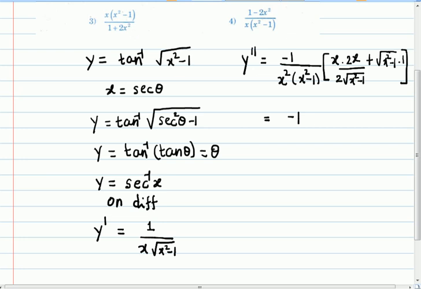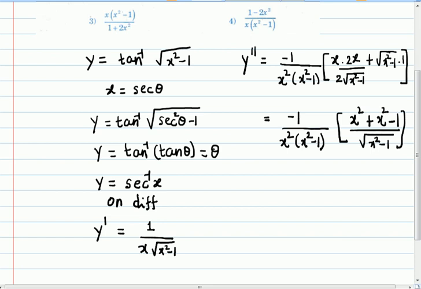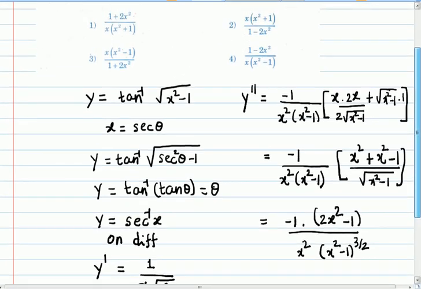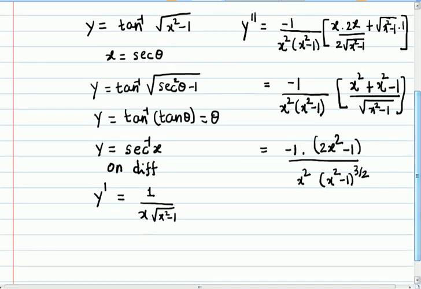The 2 gets cancelled in this case. What we get is, by taking LCM, x square minus 1 divided by root of x square minus 1, so 2x square minus 1 divided by x square into x square minus 1 to the power 3 by 2, or you can keep it as it is.